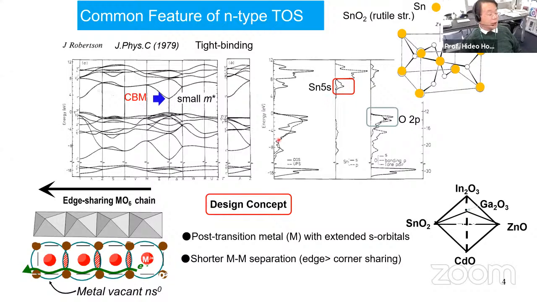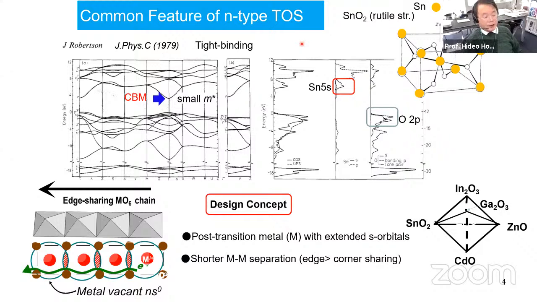The crystal structure is almost like rutile, so the octahedral coordination is connected by sharing edges, so the metal-metal distance is very short compared with corner sharing. So the design concept of the N-type transparent semiconductor is very simple: post-transition metal with extended s orbitals and shorter metal-metal separation is better.